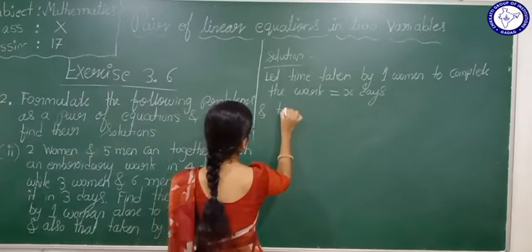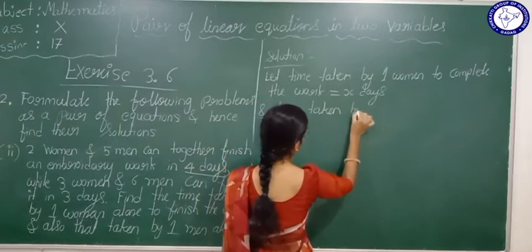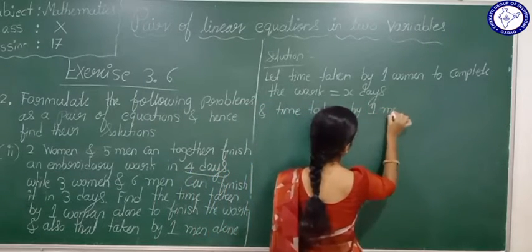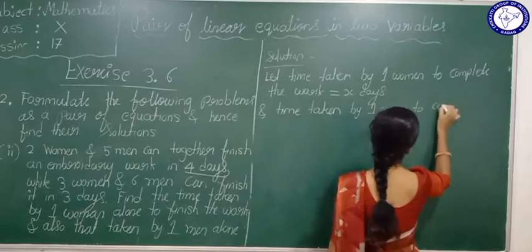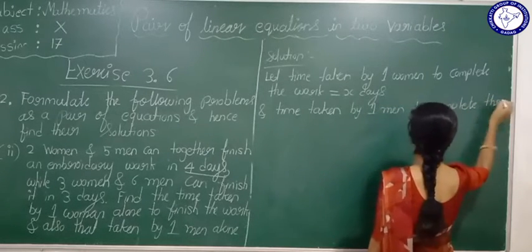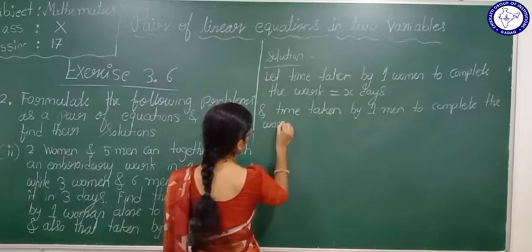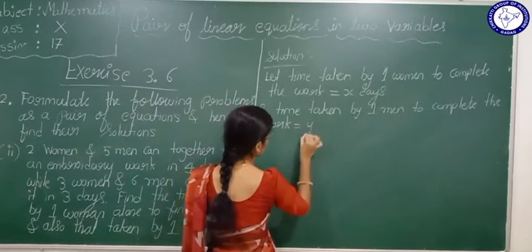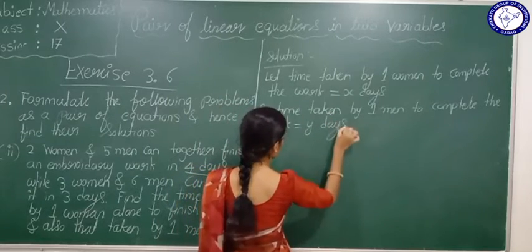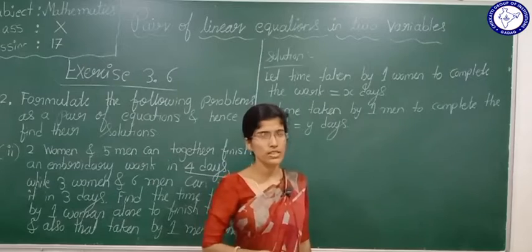And the time taken by one man to complete the work is y days. So whatever they have asked, we have assumed it. Okay, we used to do the same thing.